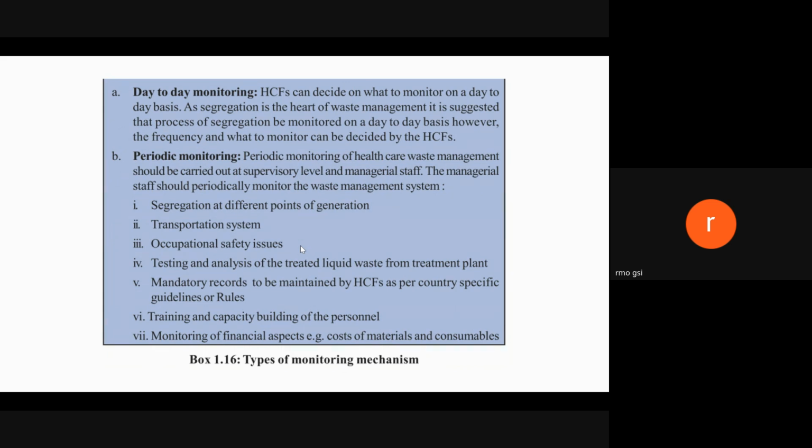Periodic monitoring is to be done by the supervisory level staff, your waste manager.